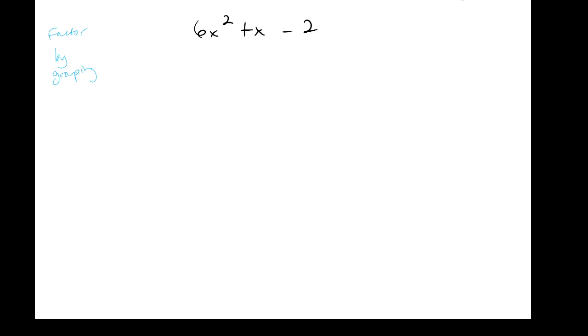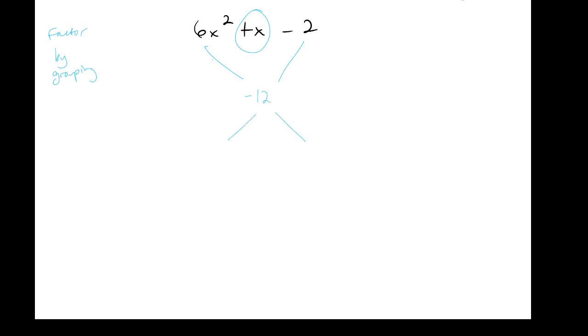And here's what we do. Rather than guessing and checking, let's actually just take a product to start with. I'm going to take the product of the A and the C, which is negative 12, and I need to get a middle term of x.